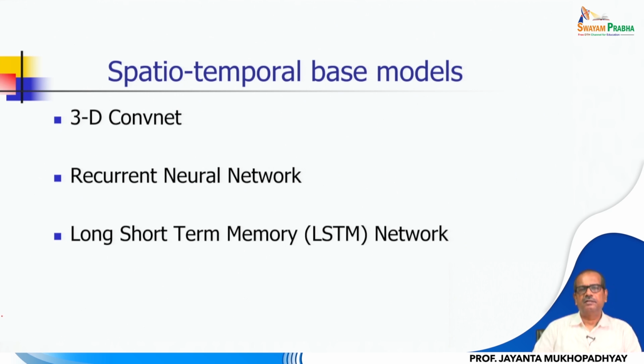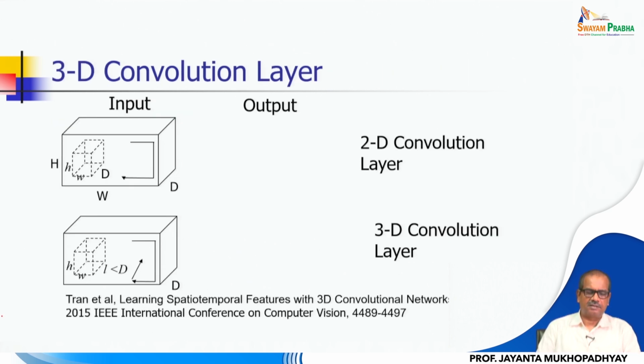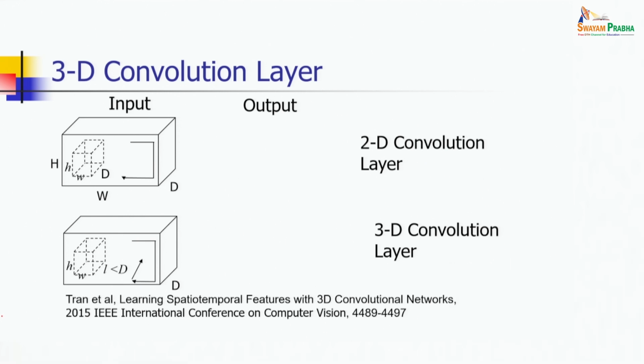Those are the recurrent neural network, and another model which has also become very powerful, the long short-term memory network. So, let us first start with the three-dimensional convolutional layer, the concept, the way we understand.